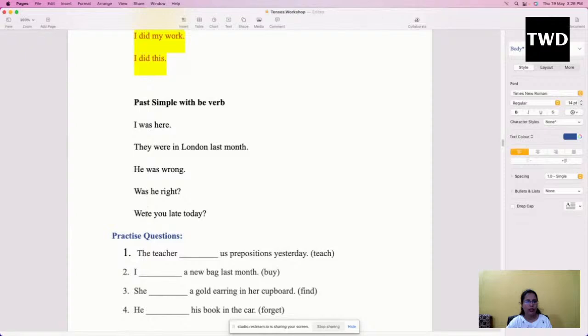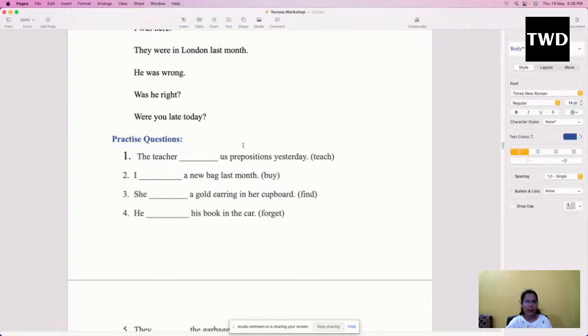So can you see, when we are framing questions, if the subject is singular, we use the singular form of the past helping verb at the beginning. And if our subject is plural, "you" is considered plural, you and I, because we use the plural form of the verb with it. So with that, we'll be using the plural form of the past helping verb.